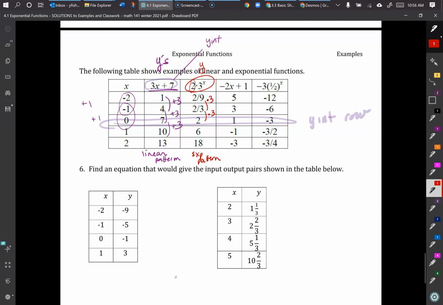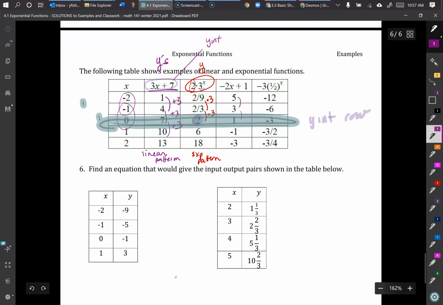And then we have negative 2x plus 1 over here. Oh, I also want to point out on the exponential pattern, I did say the base was 3, but the y-intercept is 2. That's that value right there. On this one over here, we have the negative 2x plus 1. So my guess is my y's are going to decrease by 2 each time whenever my x's go up by 1.